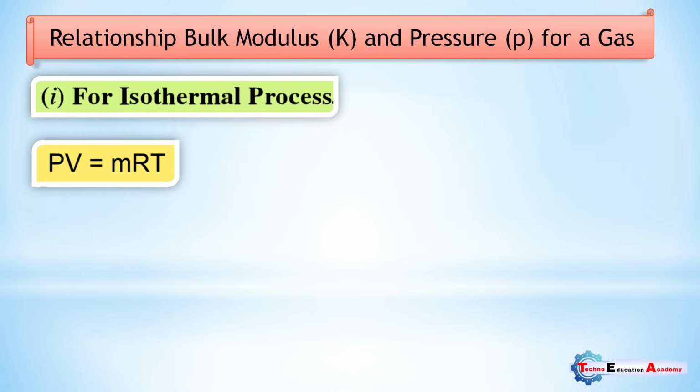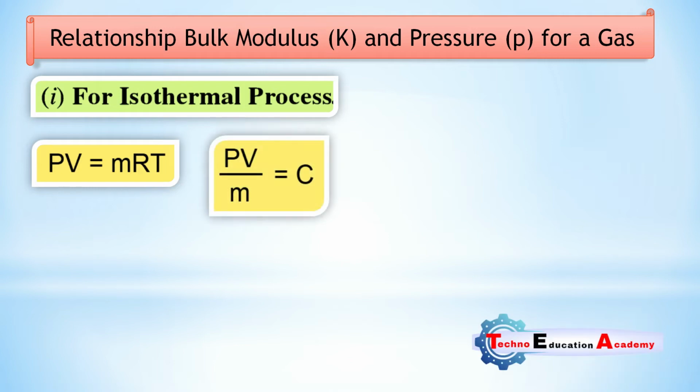But we know that according to the ideal gas equation, PV equals mRT, where P is the pressure, V is the volume, m is the mass, R is the gas characteristic constant, and T is the temperature. In this equation, R is already constant, and T is the temperature. For the isothermal process it does not change, so it remains constant. So we can also write this equation as PV by m equal to constant, because R is constant and T is also constant for the isothermal process.